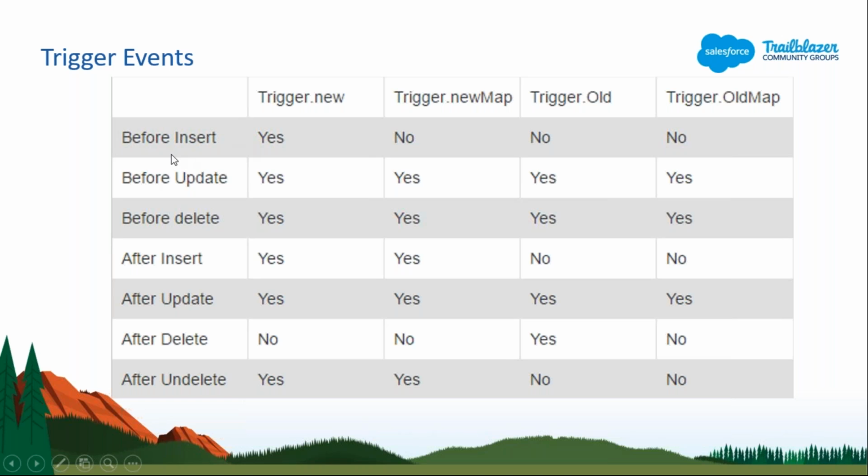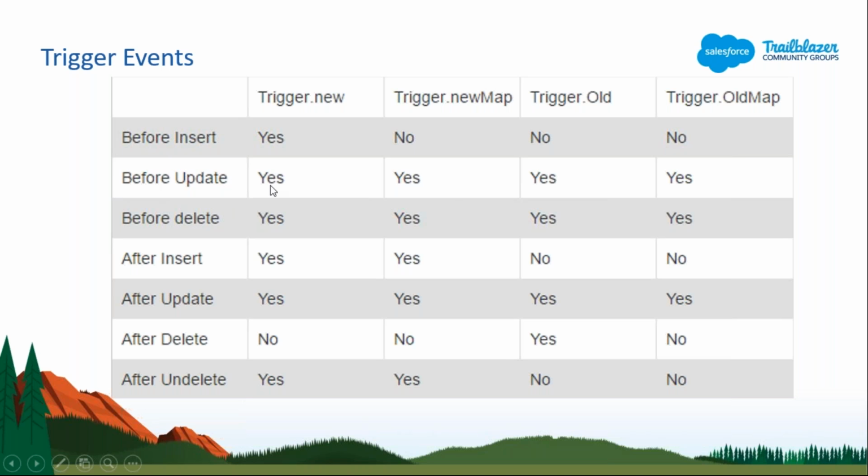After inserting that record, the Salesforce ID will be generated, and only then will it give you the ID. So before insert, it will not give you Trigger.old, because it will not have any old value, and Trigger.oldMap is the same. In update, Trigger.new will give the list of records just updated.